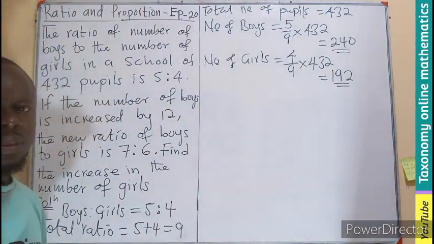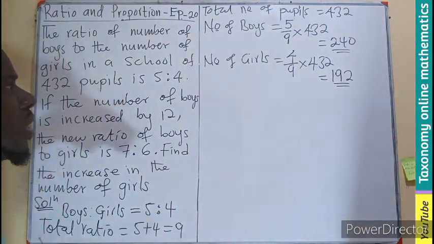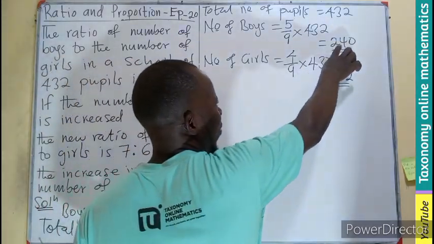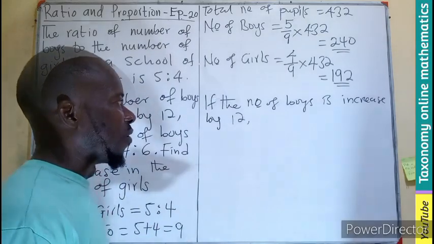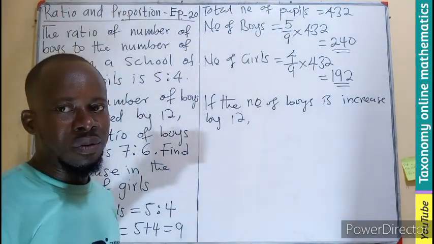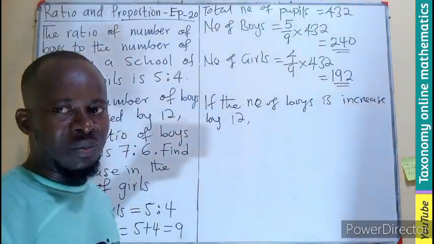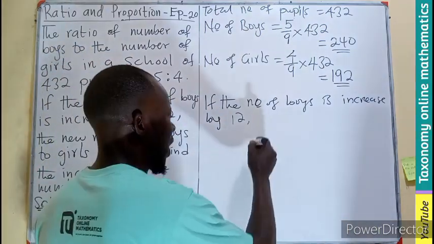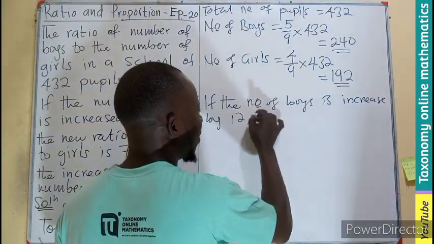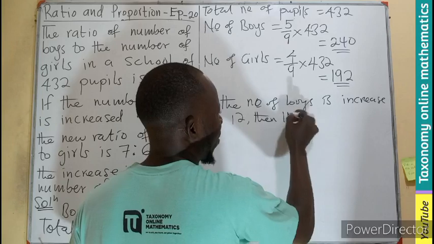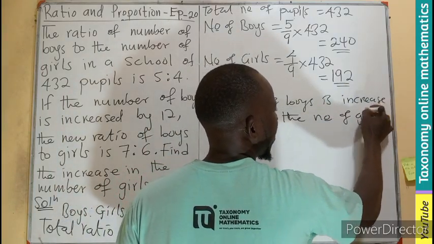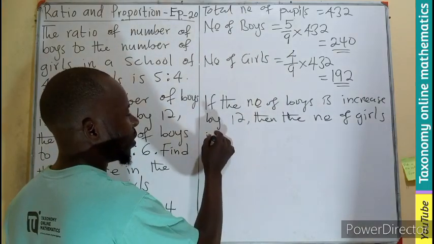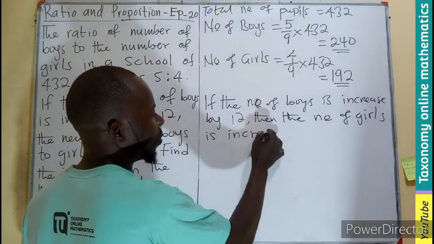Alright. So now that we are having this, the number of boys has now been increased. So if the number of boys is increased by 12, do we know the number of girls that are being added? No. So then we can say that the number of girls is also increased.